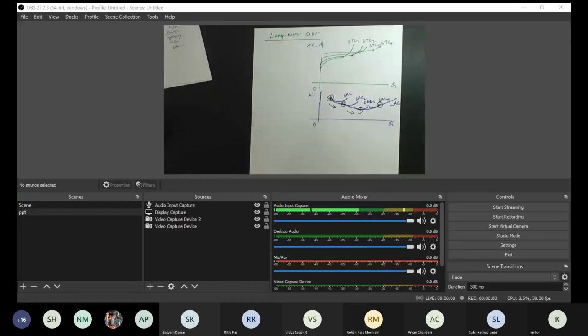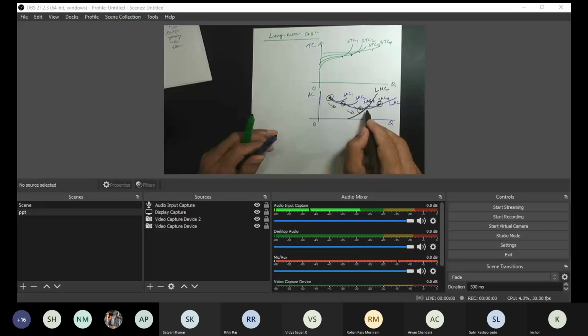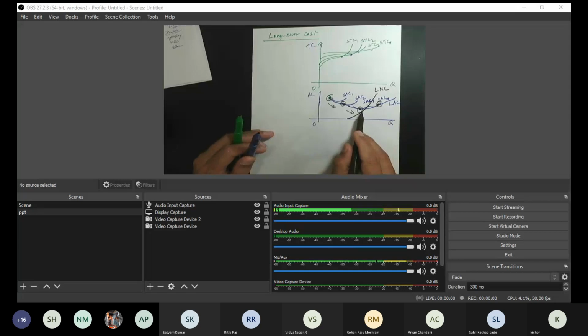That possibility is also there. And against this long run average cost curve, you will get a marginal cost curve also, the long run marginal cost curve, which will cut your long run average cost curve from below at its minimum point. At its minimum point, this is happening.